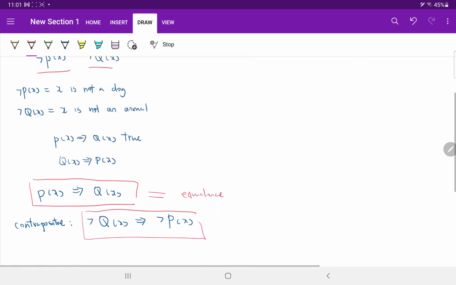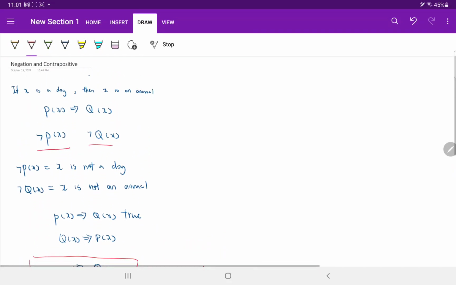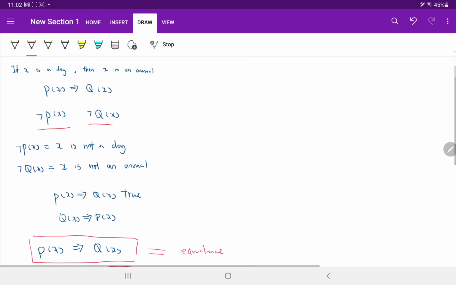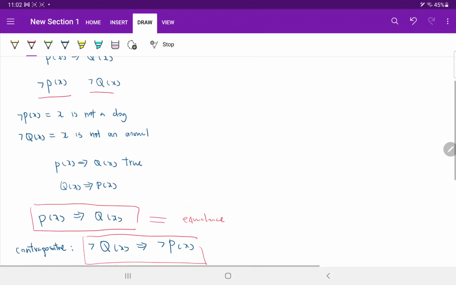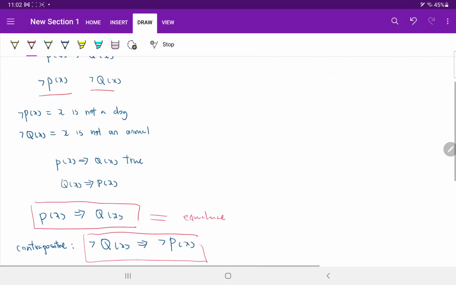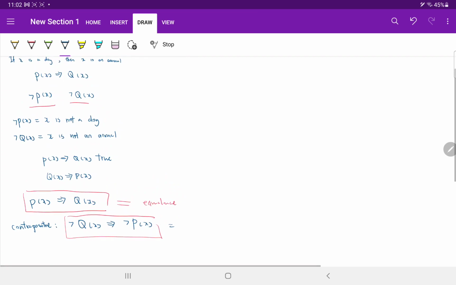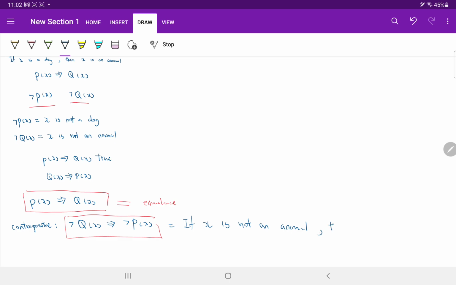In this case, our original statement is if X is a dog, then X is an animal, right? So its contrapositive would be that we first need to reverse the order of the statement. Then we need to take the negation of both statements, so let's write it down. The negation of Q(x) implies negation of P(x): if X is not an animal, then X is not a dog, which is obviously true, right?